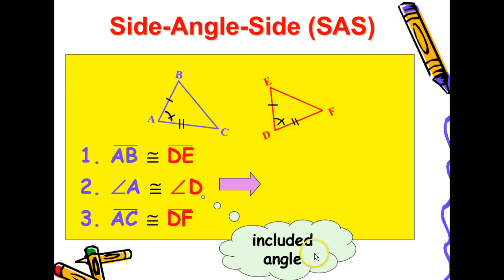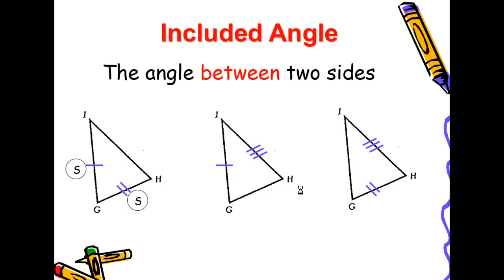In other words, it's called the included angle. You need to think of the A as the cream in the Oreo and the S's as the Oreo. Is this angle right here between the 2 sides of the Oreo? Absolutely. So D would be the cream of the Oreo. Yummy. If these sides are congruent and their included angles are also congruent, we say the triangles are congruent using SAS.